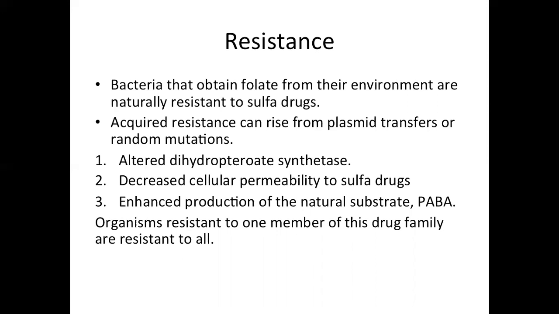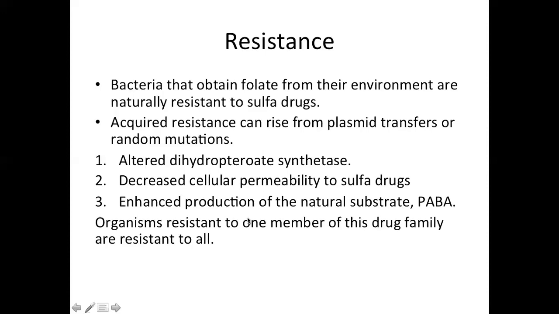So these plasmid transfers lead to transferring the genetic material from one bacterial cell to another, or might be due to random mutations in the bacterial cell that lead to creating resistance against the sulfonamide drugs by three mechanisms: either altered dihydropteroate synthetase, where the enzyme undergoes conformational change and changes its structure so that the drug cannot recognize it. So this is one mechanism of resistance.